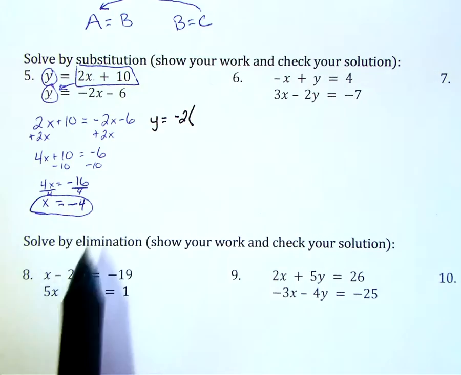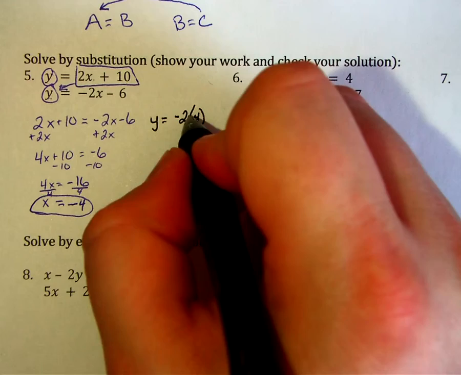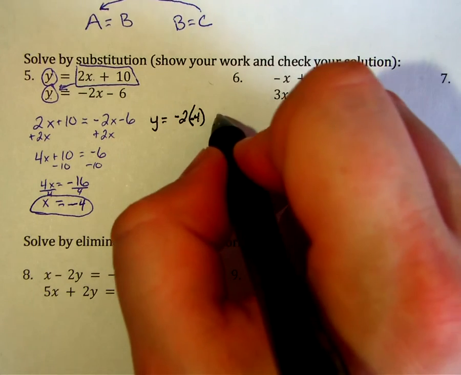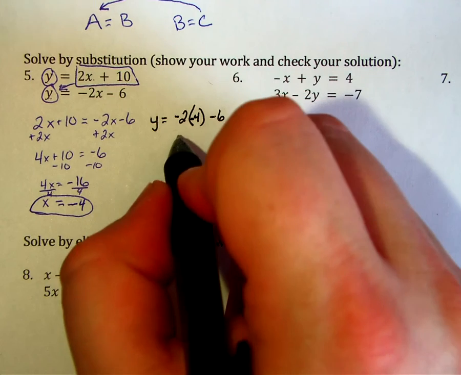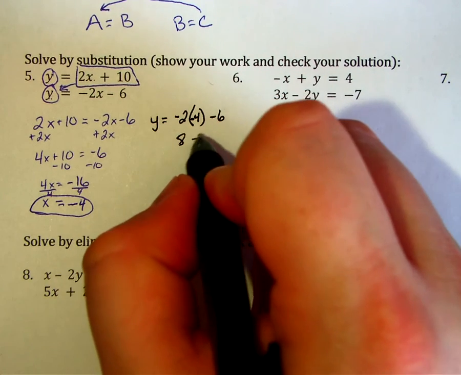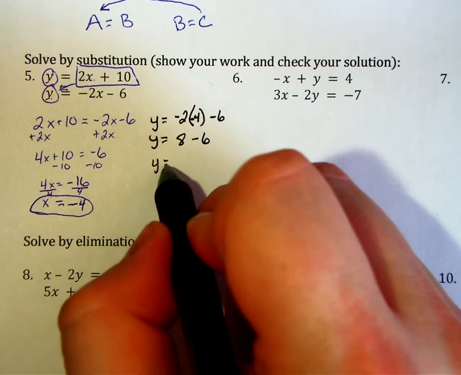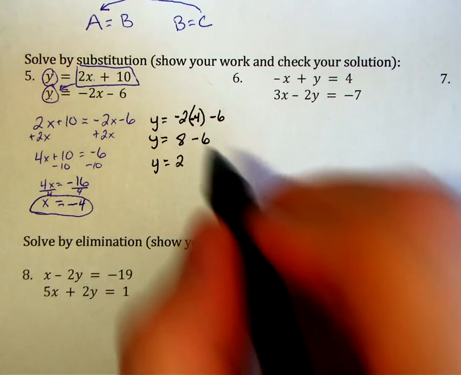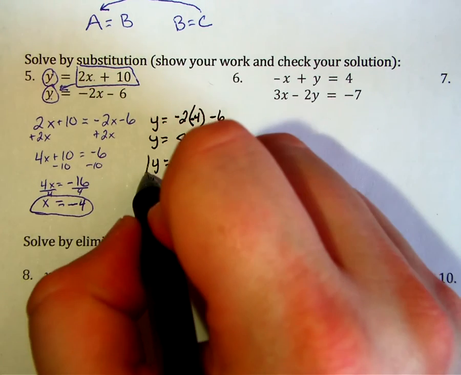Well, we just learned that the value of x is negative 4, so that's what I'm going to plug in for x. Minus 6. Negative 2 times negative 4, well, that would be positive 8 minus 6. And now we end up with 8 minus 6 equaling 2. So our y value is 2.